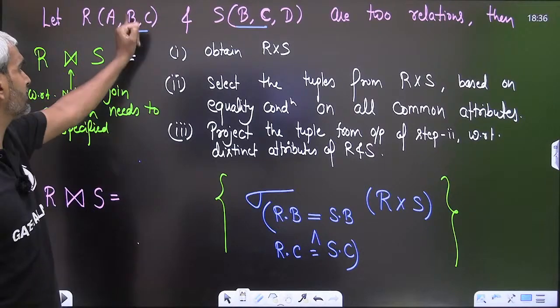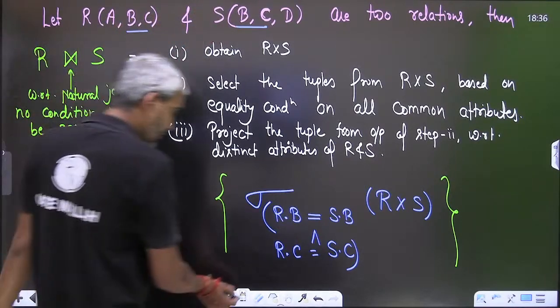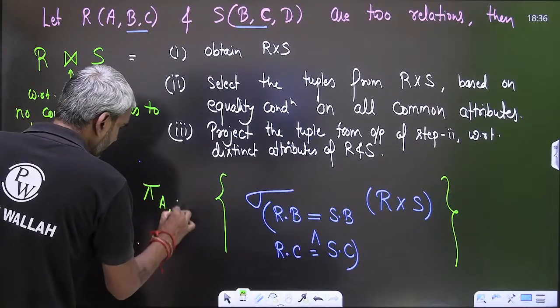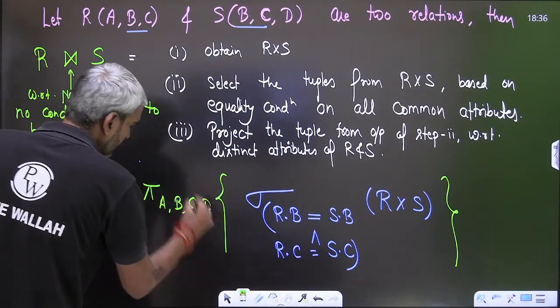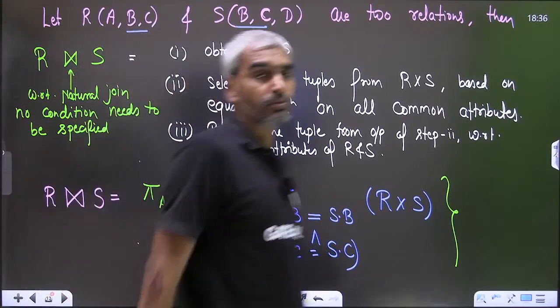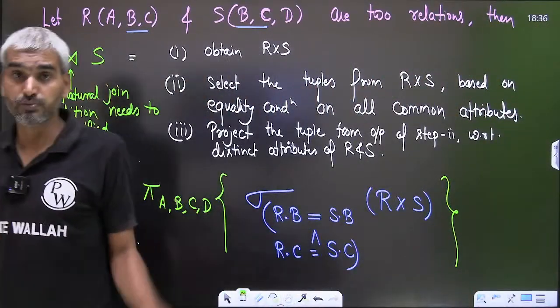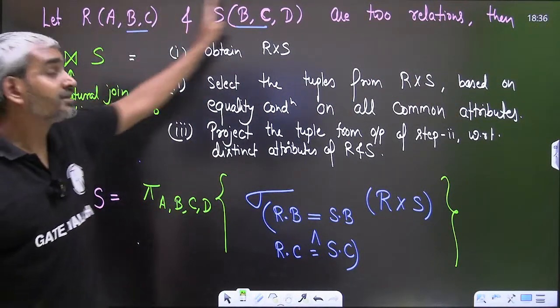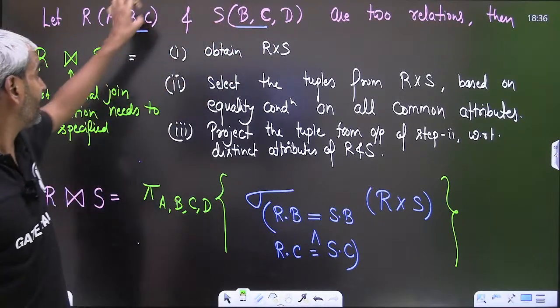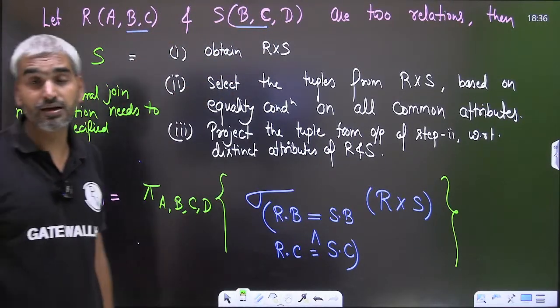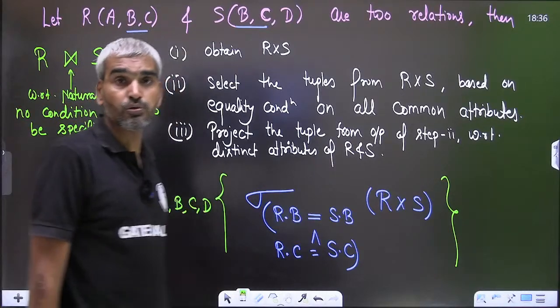One is A, another is B, another is C, and another is D. So, you will only project these 4 attributes. In the output, there will be only 4 attributes. Though there are 6 attributes if you add the attributes of R and attributes of S, 2 of them are common. Therefore, in the output, there will be only 4 attributes.